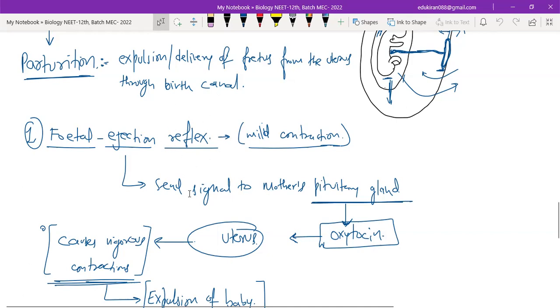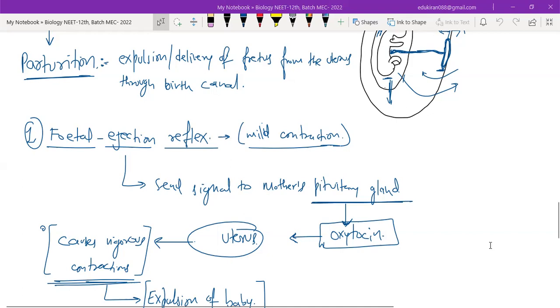Fetus and placenta together start the fetal ejection reflex, and this reflex sends a signal to the pituitary gland, and then the pituitary starts producing what? Can you explain now? Yes, oxytocin, correct. And then what happens?